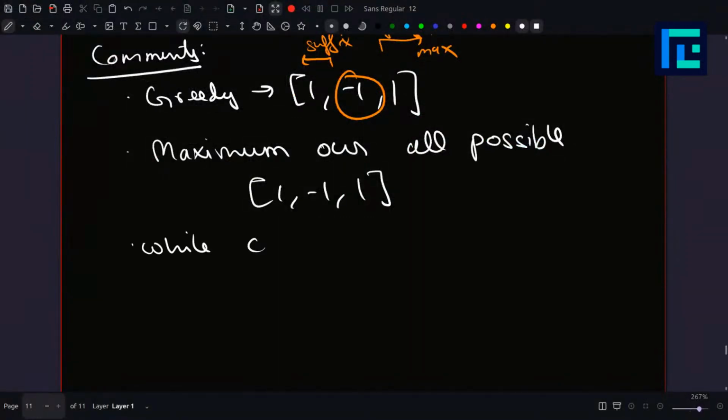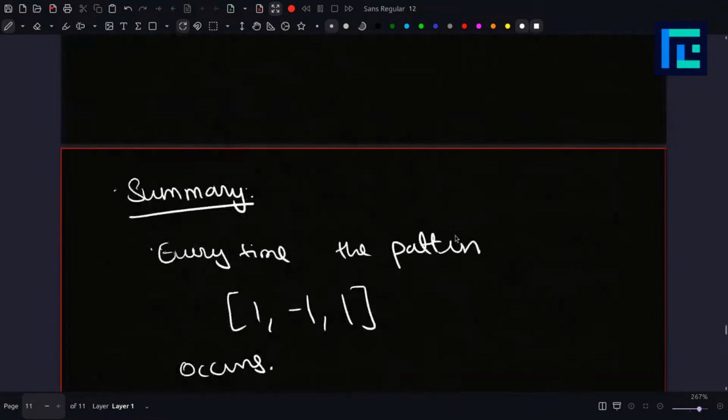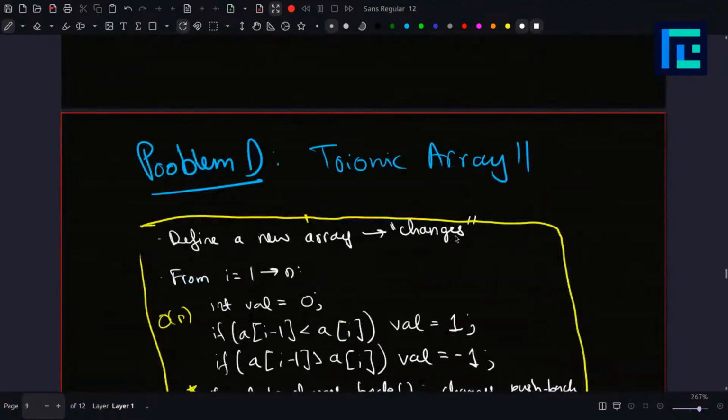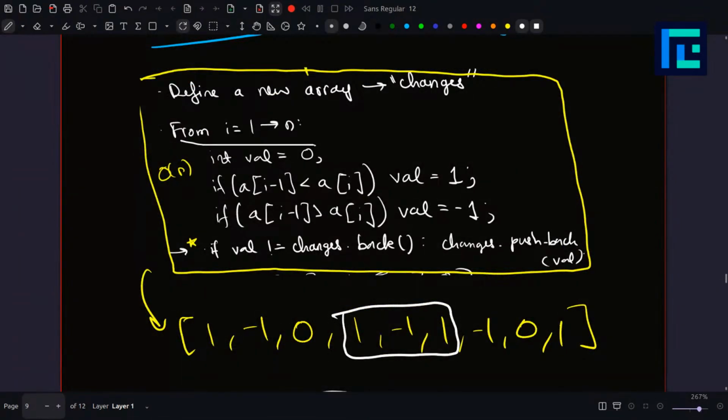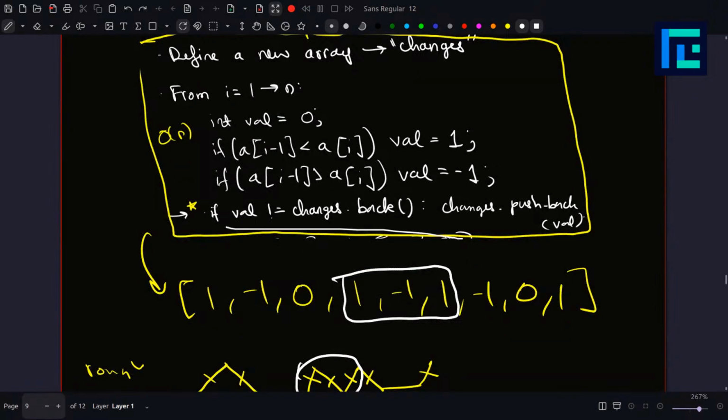While calculating the changes array, which I defined even in problem A, so what was the changes array? Just have a look at this array, where the value is 0 if the element does not change, 1 if it increases, and -1 if it decreases, and we don't repeat the values.